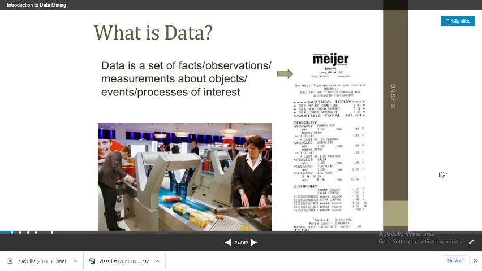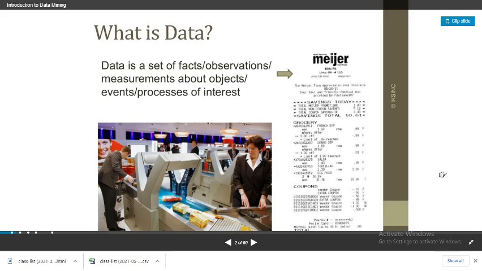They will make a conclusion that the one who purchases milk is also going to purchase bread. The one who is taking eggs is also taking bread. So where there is more selling of milk, there is a chance of selling bread also. So data is a set of facts.